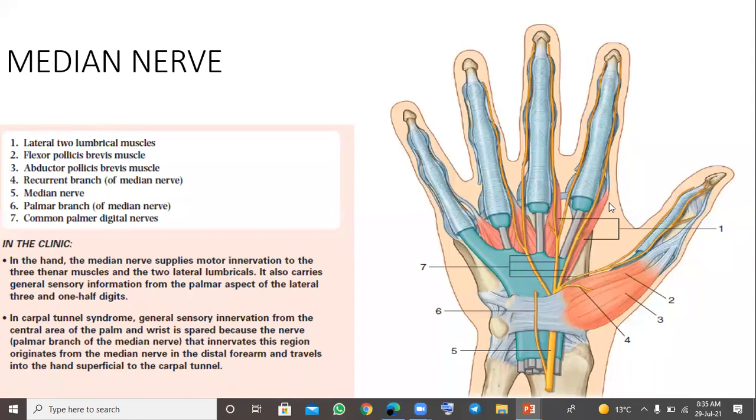But they are going to be feeling the sensation at the wrist joint and the palm, because that branch arises before the median nerve goes through the carpal tunnel. You've seen that. So that's the palmar branch of the median nerve.